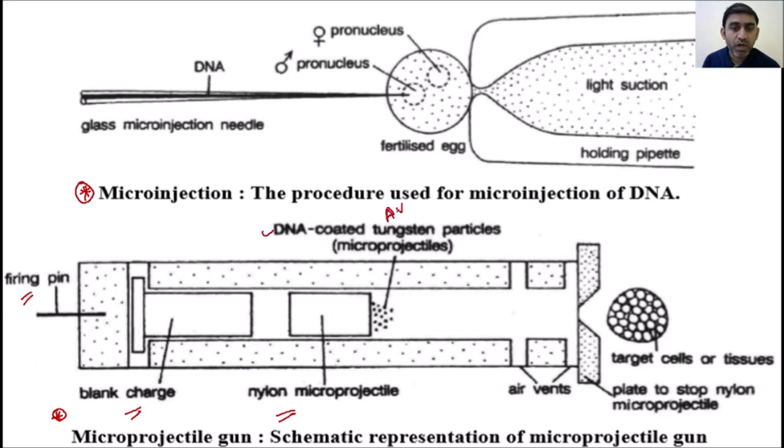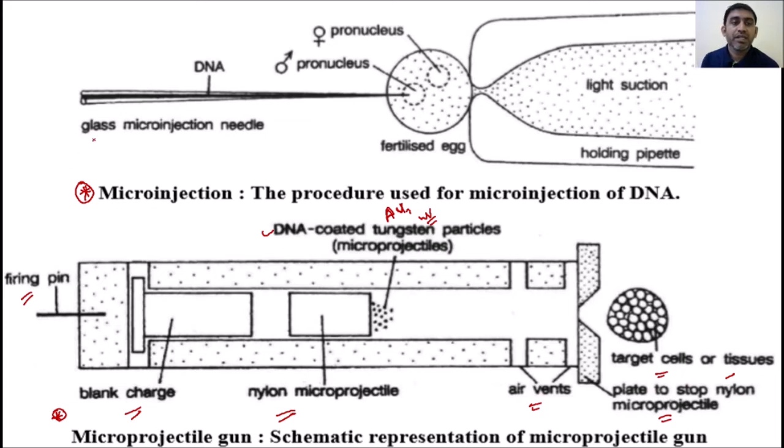Au means aurum, gold, and tungsten is W, wolfram. Here are the air vents, the target cell or tissue, and a plate to stop the nylon microprojectile.